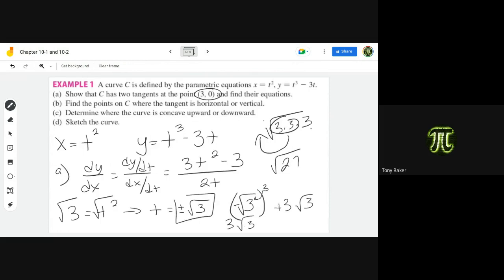So both these values work. So I have 2 tangents. I have 2 t values that are going to give me the exact same point of 3, 0. Does that make sense? Yes? Okay.